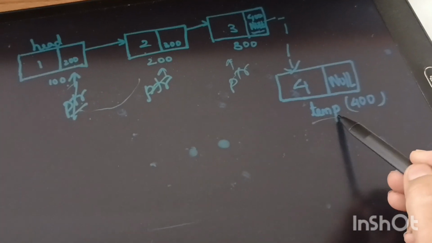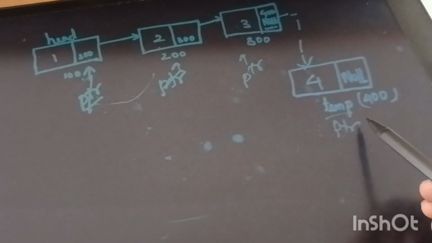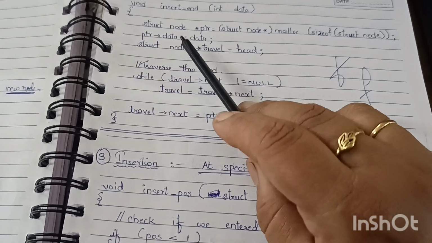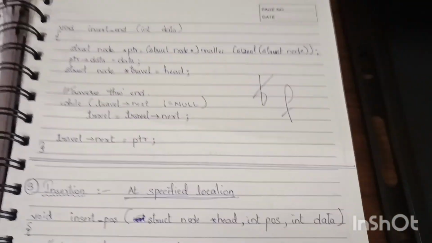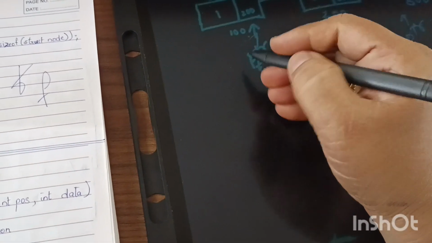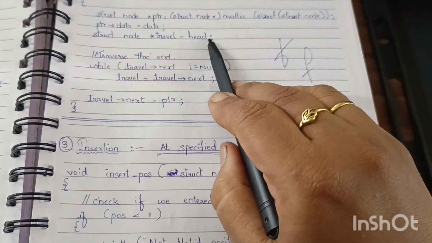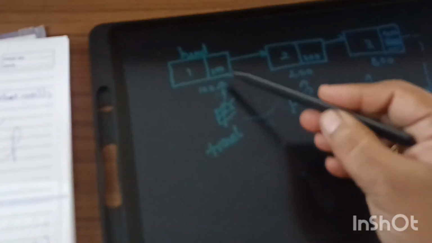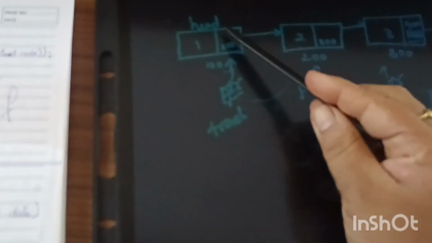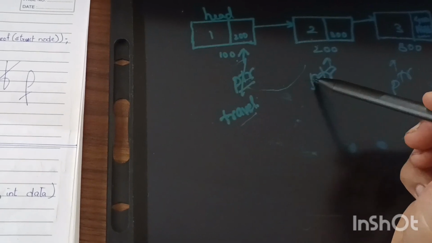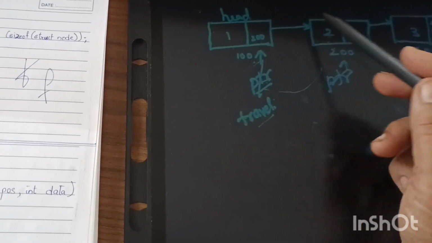This ptr is nothing but this temp; in this code I'm taking it as ptr instead of temp. Then struct node travel, so instead of ptr here I have used a travel pointer. So travel equals head, so this node will point to head. Next, I am linking travel to head.